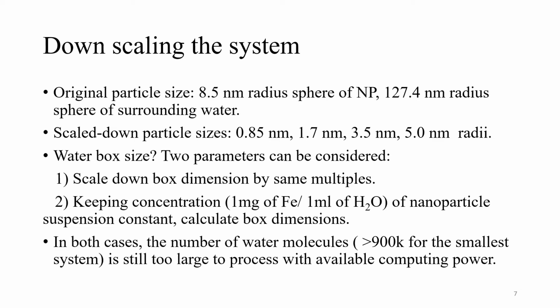radii. We have chosen 0.85, 1.73, and 1.5 nanometer radii for the nanoparticle. Choosing the size for the water box was tricky because it depends on what we want to keep constant.